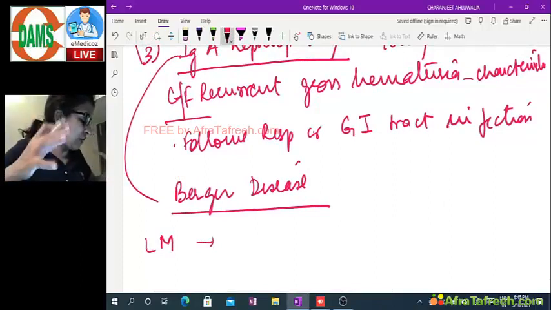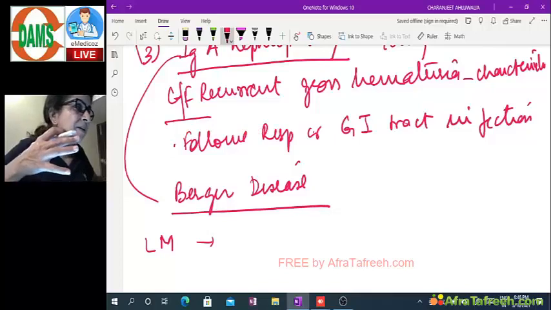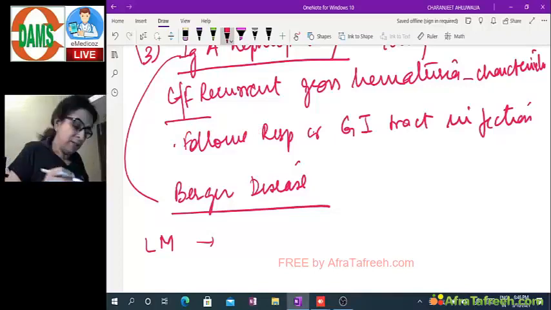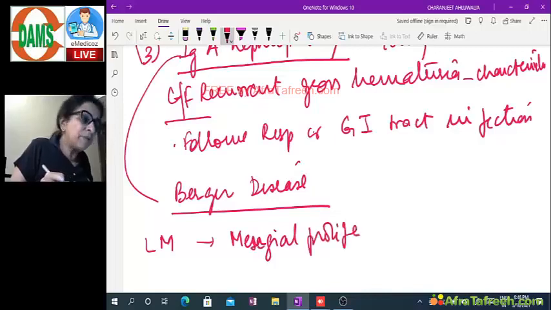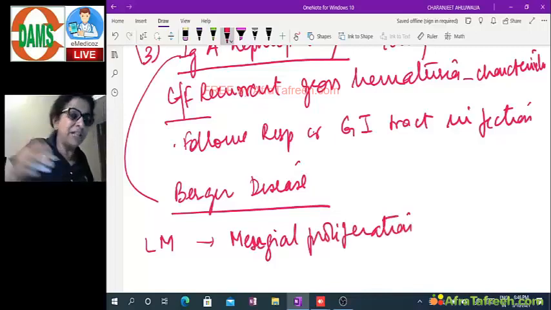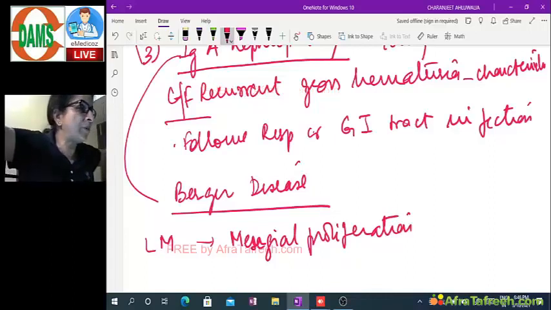Now here, if you look at the glomerulus, again the glomerulus appears cellular, but now who is proliferating? There is mesangial proliferation. So mesangial cells are proliferating. So mesangial cells की जनता बढ़ जाती है, वो पूरे glomerulus को भर देते हैं.